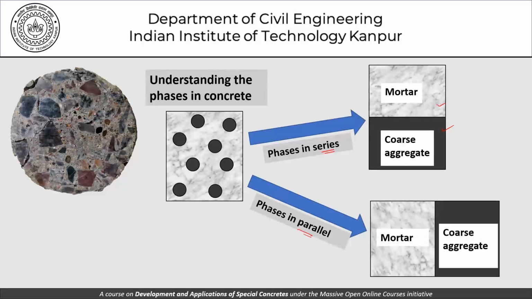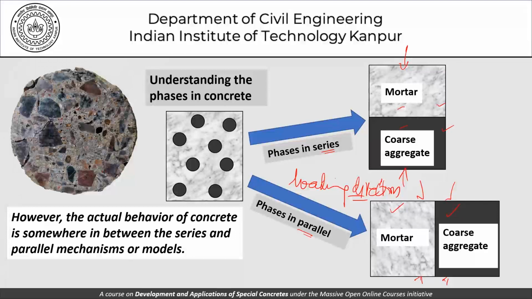Series and parallel is a nomenclature which I'm using considering the loading direction. So when we load the concrete, whether the mortar and the coarse aggregate are in series, that is if we are applying the load like this, or they are in parallel. If we are applying the load like this, they are both taking different load transfer mechanisms.